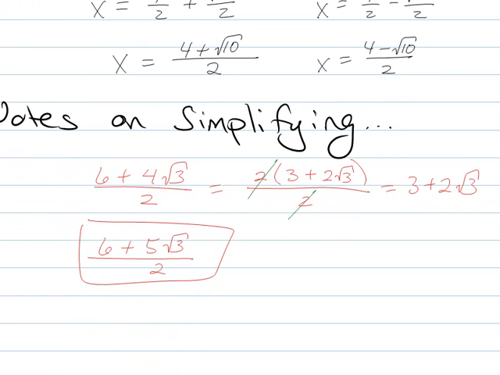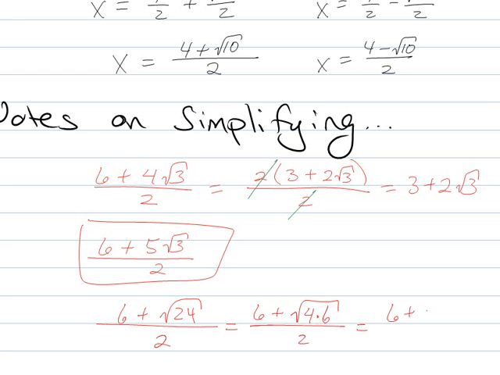Also, don't lose an opportunity to reduce a radical. So I'm going to stick with dividing by 2 because that's easy. So if I had something like this, remember that the root 24 is 4 times 6. So that would come out to 2 root 6.